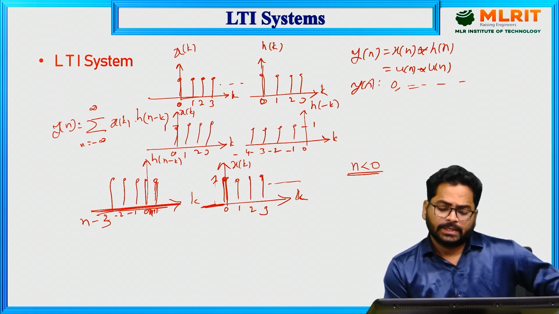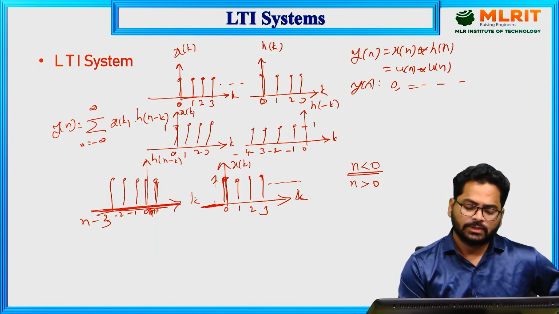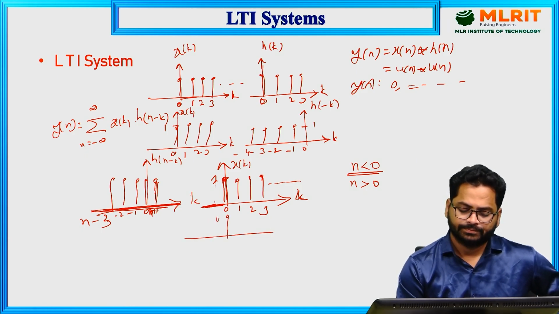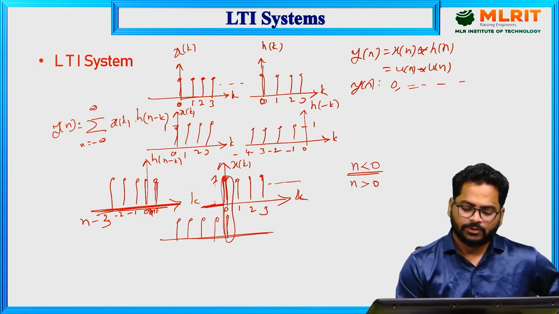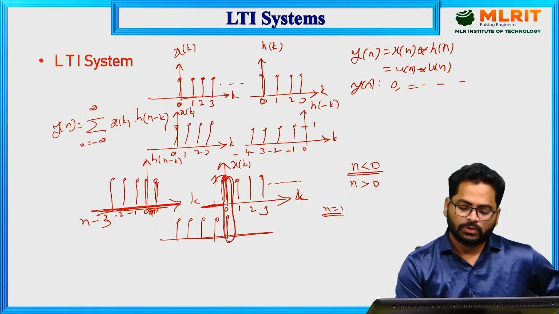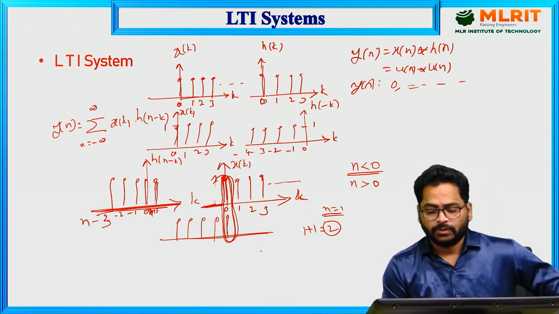Once I take n greater than 0, for n equal to 1, I get the signal over here like this. That means there is an overlap between these two signals. For n equal to 1, the overall signal value is 1 plus 1, which equals 2.